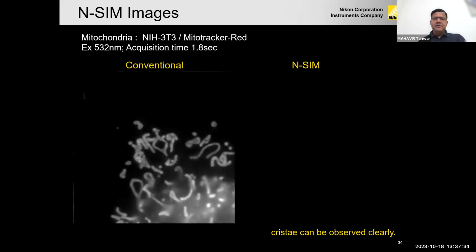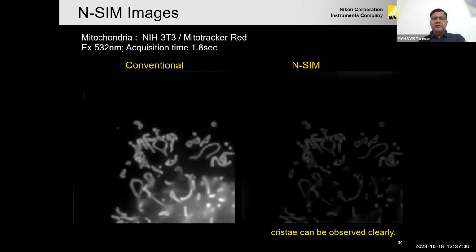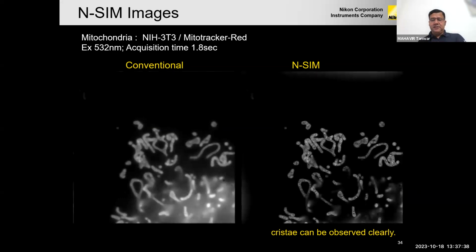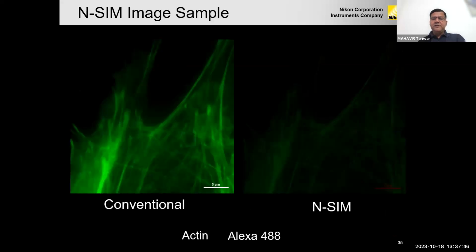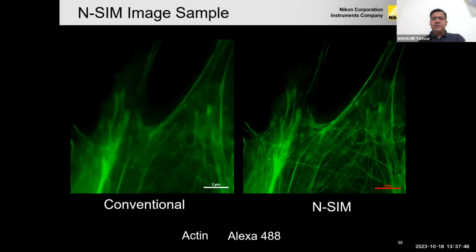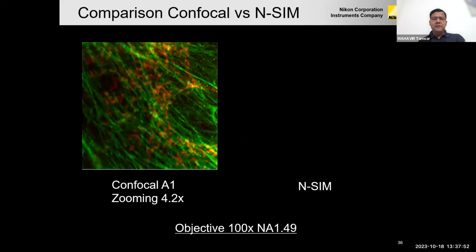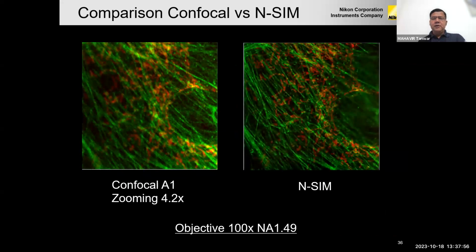This on the left is a widefield image of mitochondria. Here you can see cristae around 100 nanometer, very clearly, very well defined. You can separate those. Conventional on the left-hand side, this is SIM. You see very fine actin filaments, very well resolved. And this is confocal, 4.2 zoom, and this is SIM.